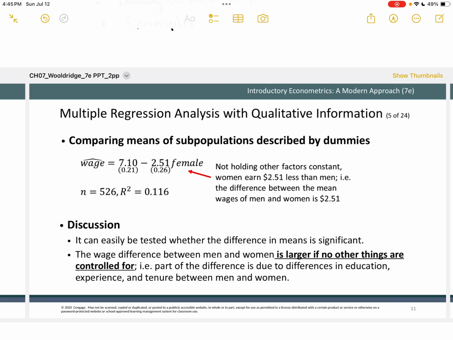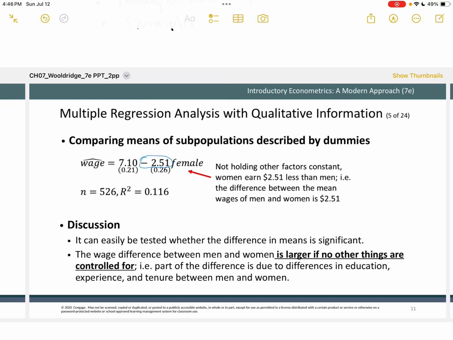So if you exclude these other factors, you'll notice that our delta 0 gets bigger. It becomes a bigger negative number, right? It widens the gap in wages between men and women. So this means that the more you control for relevant factors, the smaller your delta 0 gets in absolute value.